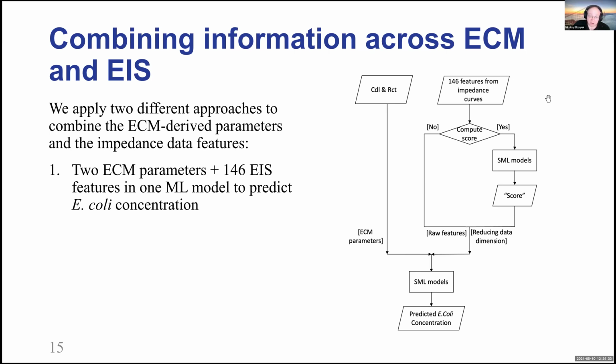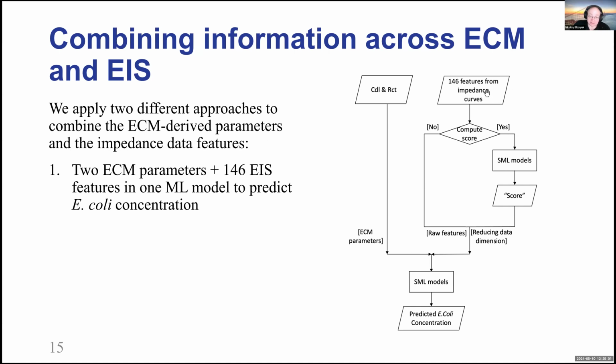One possibility is to just use these raw features and combine them with the two ECM parameters, and then feed statistical machine learning models. So here, one essentially puts all faith in the aptitude of these machine learning models. Let's just throw all the data at off-the-shelf machine learning models and hope that it does something meaningful.